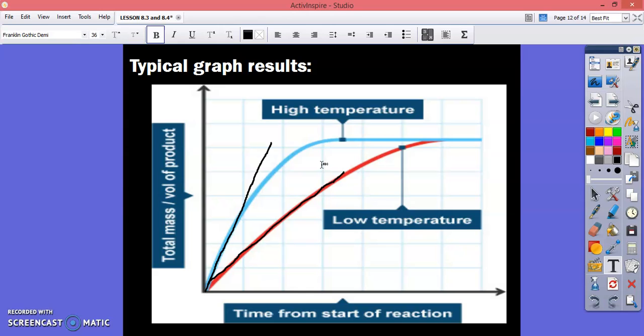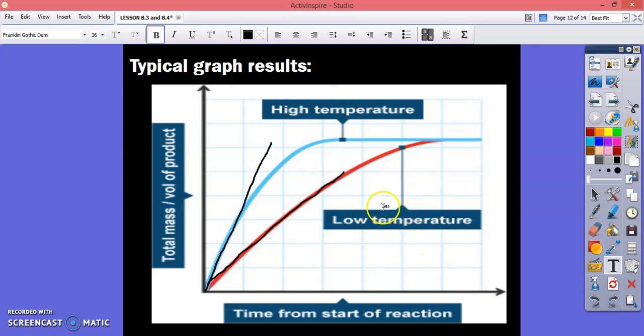Like what I told you about the larger surface area, it doesn't mean that if we use a bigger solid, the reaction will not happen. It will still happen, but if we want to speed it up, we can increase the surface area. Same as the temperature.